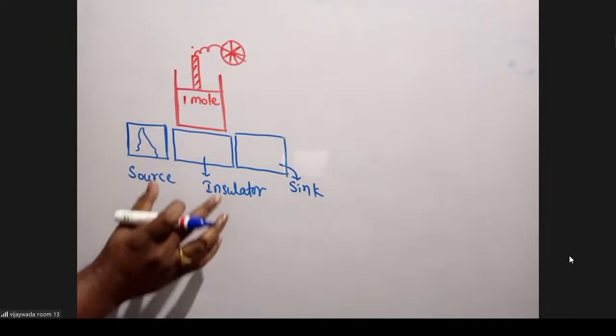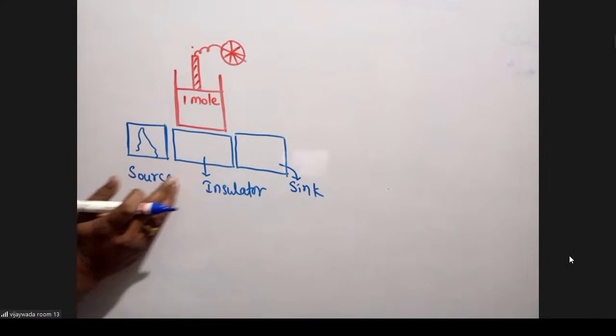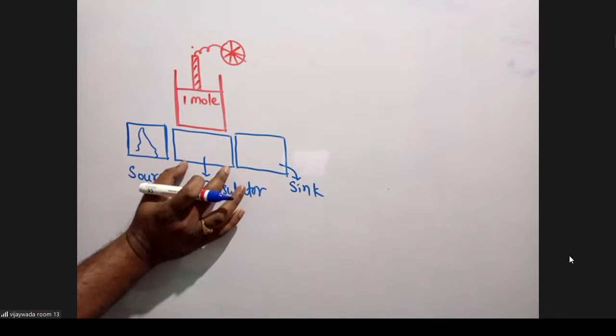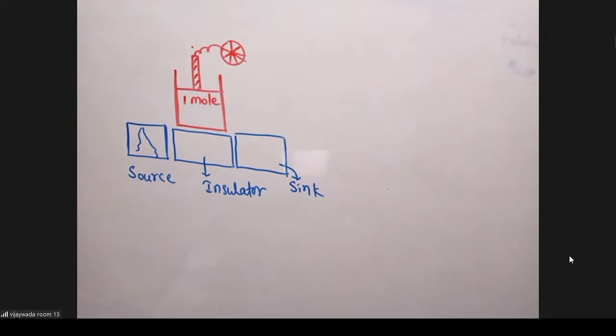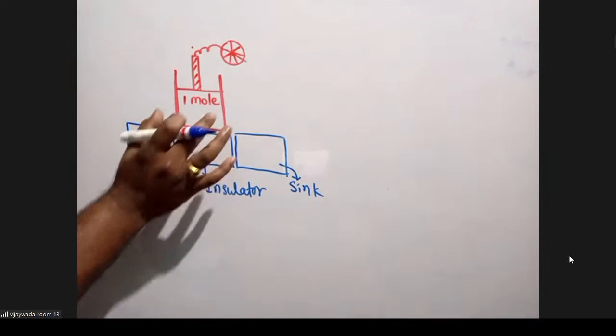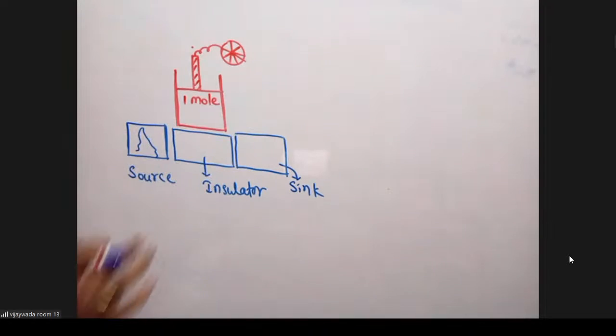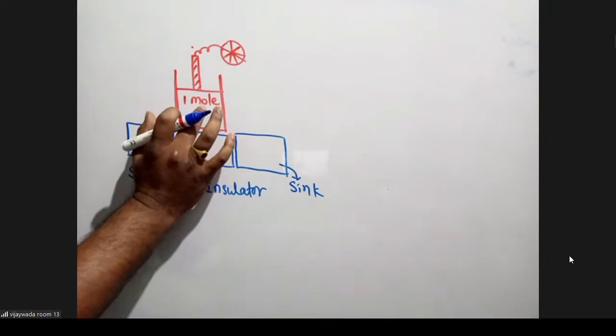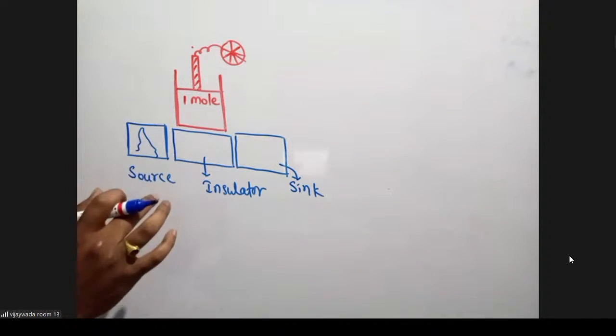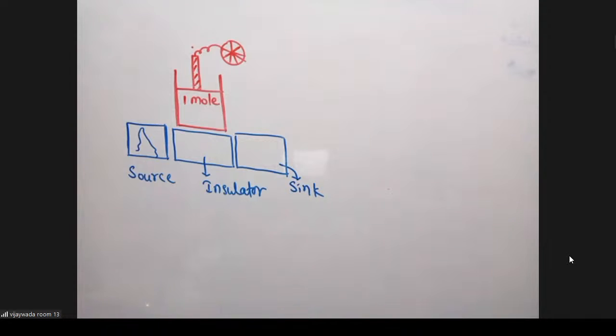After that, the source is moved to the backside and the insulator is attached to the base. What is the use of the insulator? These are the insulator walls. Whatever heat is inside the cylinder cannot come outside, so heat will not transfer between the system and surroundings.